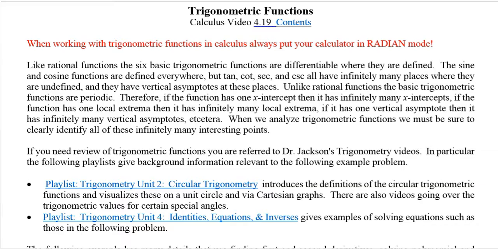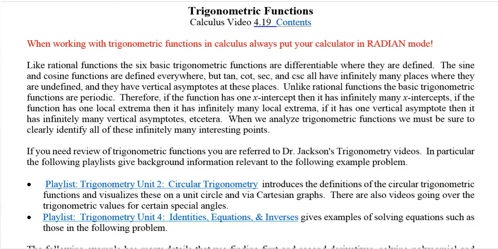If for some reason your background is weak, either you skipped a good solid trigonometry class in high school, or you've forgotten some of it, or whatever reason that you're a little rusty or a little weak on your trigonometry, I refer you back to my trigonometry videos. So I have a playlist called Trigonometry Unit 2 that's circular trigonometry, and it introduces the definitions of the 6 circular trigonometric functions and visualizes these both on a unit circle and via Cartesian coordinate graphs.